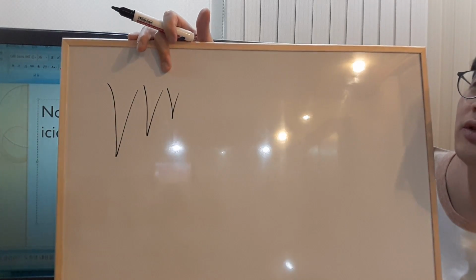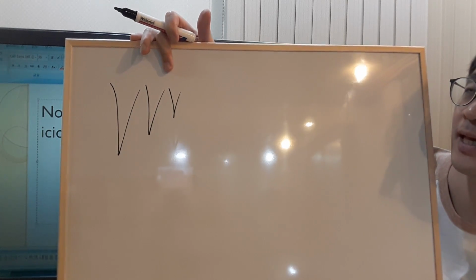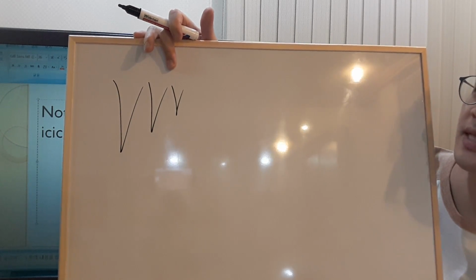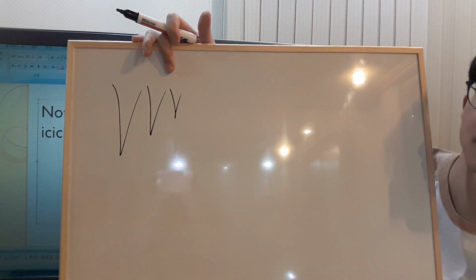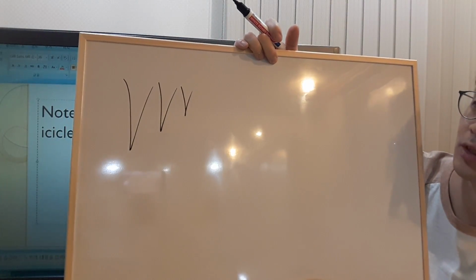It forms when the water slowly comes off the surface and freezes as it falls. Do you understand? It appears in winter.